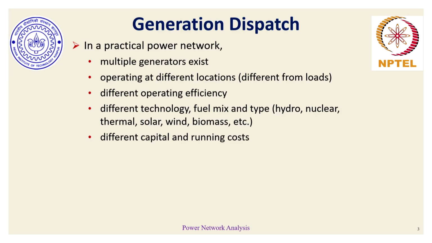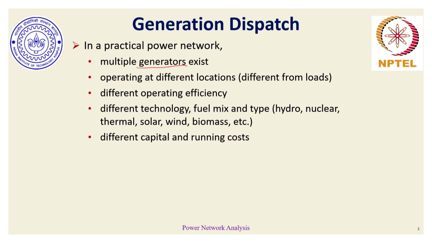So in a practical network, we usually don't have single generators. We have multiple generators. Some of them happen to be synchronous generators, and some of them could also be renewable-based, non-synchronous machines. For example, solar PV power plants or wind generators are not synchronous machines.